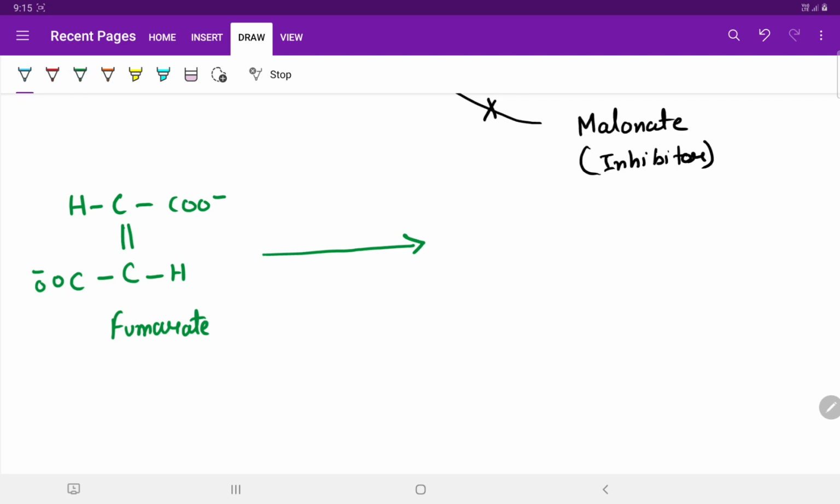So first let us write the name of enzyme. The name of enzyme is fumarase, and this reaction occurs in presence of water. It is a hydration reaction. So ultimately the double bond is converted to a single bond in presence of hydrogen and hydroxide. So now let us understand how the changes occur.